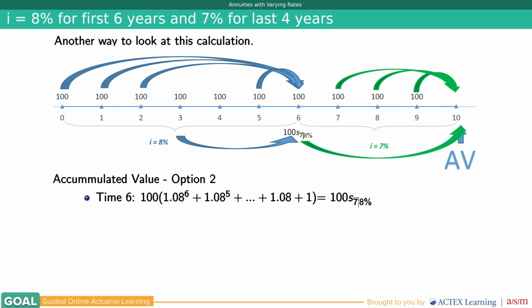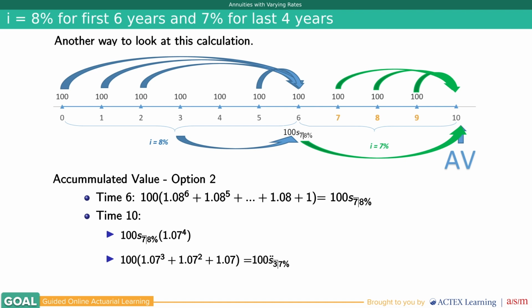We still need to accumulate the value to time 10 using the 7% effective interest rate. So we will multiply 100 s-angle-7 by a factor of 1.07 to the 4th, as shown in the first arrow of the second bullet. The remaining 3 payments, made at times 7, 8, and 9, are accumulated to time 10 using an annuity due of 100 s-angle-3 at 7%.